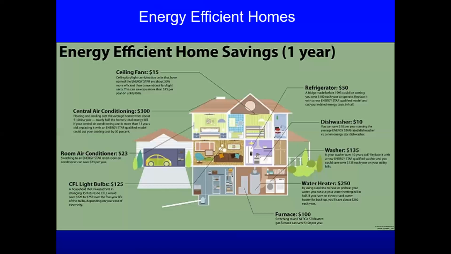All right, so this is just kind of a busy graphic, but realize you could actually go through energy audits. People from the energy company are sometimes willing to come to your house and do a free energy audit and say, look, if you replaced your roof, if you replaced your windows, if you got energy efficient appliances, this is actually looking at it from an economic perspective. How much money could you save on your electricity bill, on your heating bill, if you could make your house more energy efficient?